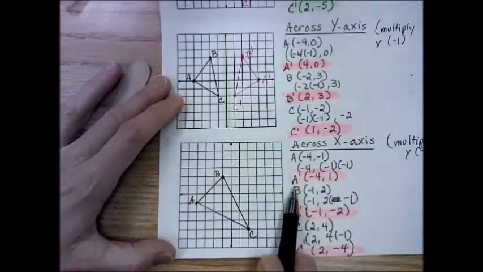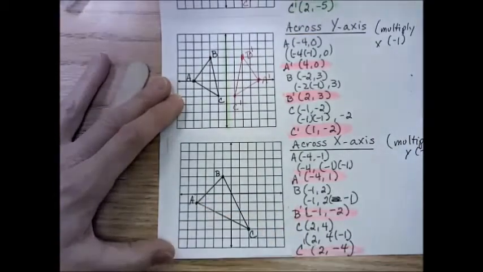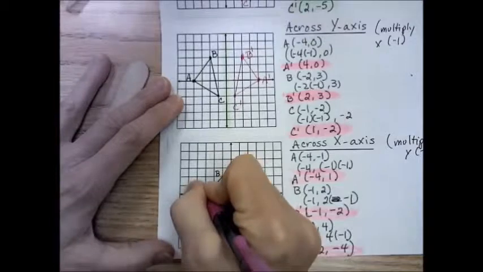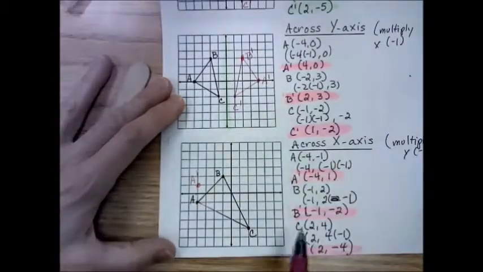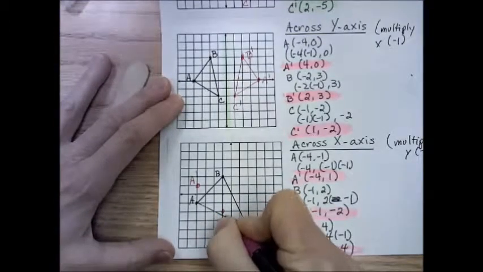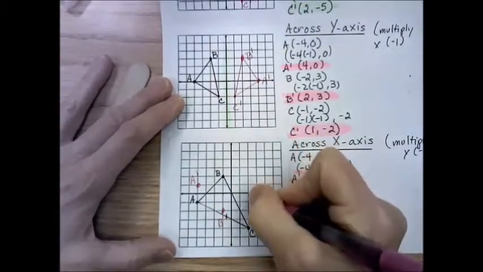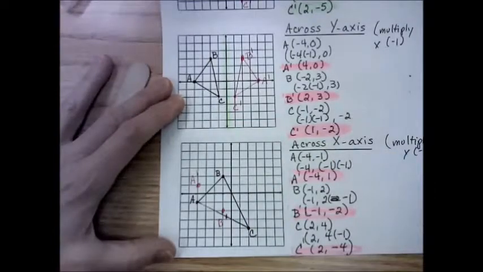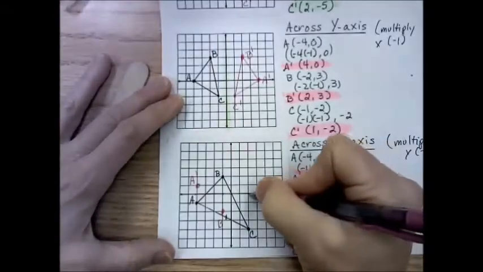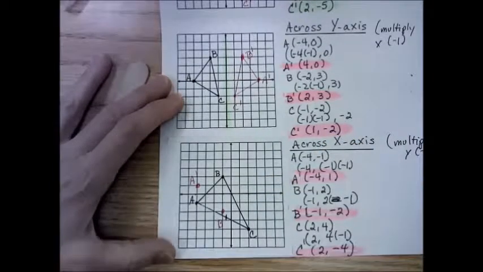And let's graph them. So A prime is now negative 4, 1. So 1, 2, 3, 4. Oh, let me use my pink pen here. So A prime is here. B prime is negative 1, negative 2, so B prime is here. And C is at 2, negative 4. That should be negative 2, I think.